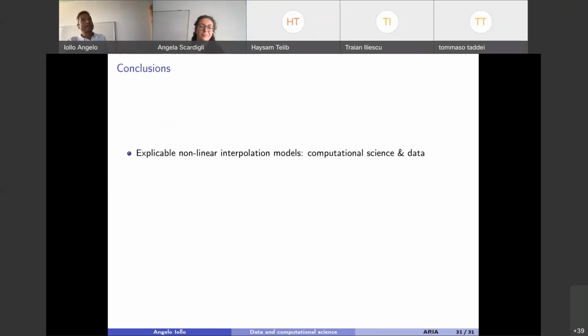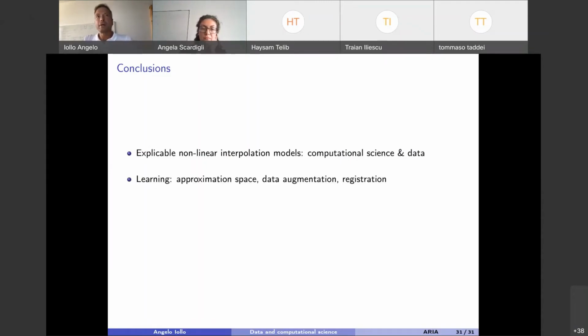So the main point here is to have an explicable nonlinear interpolation model that combines our computational competencies and the data that is available. Okay, so that's the main strategy that we are applying here.